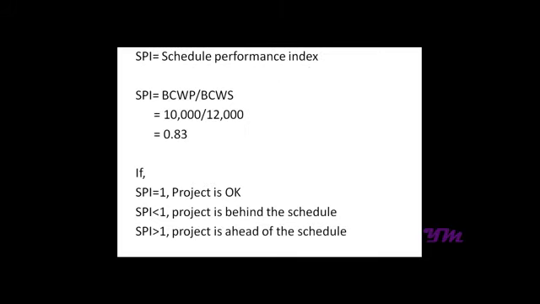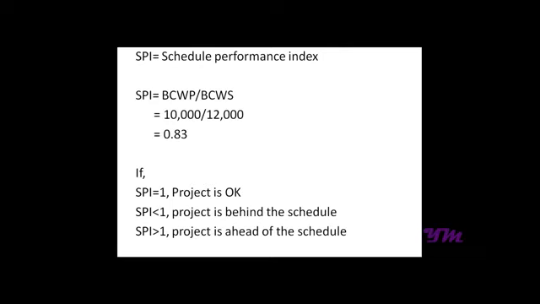Now we have another index which is known as schedule performance index, which gives us detail about the schedule. So according to the formula, schedule performance index is equal to budgeted cost of work performed by budgeted cost of work scheduled, that is 10,000 by 12,000, which comes out approximately equal to 0.8. Similarly, as CPI, if it's equal to 1, it is okay.